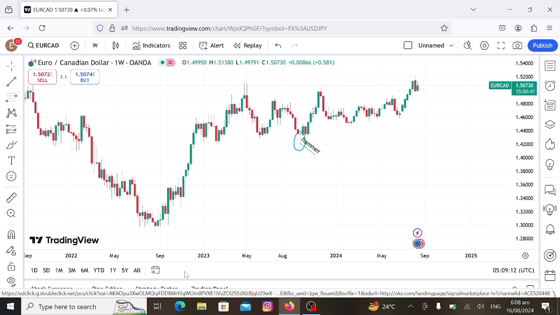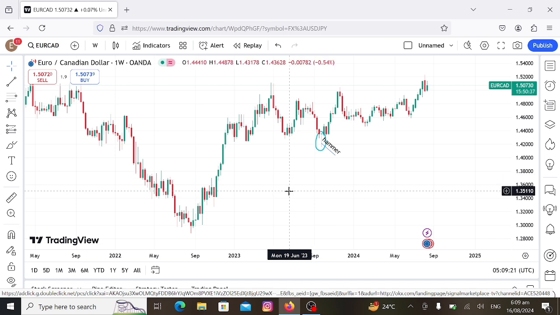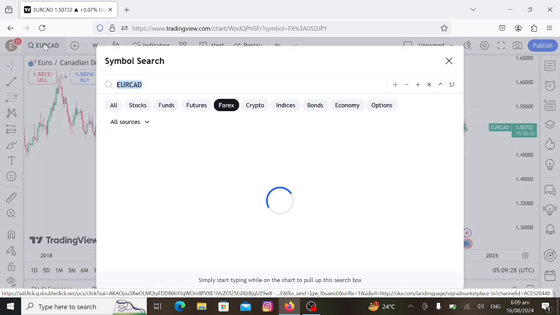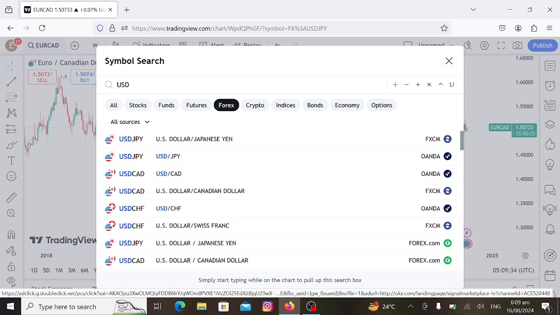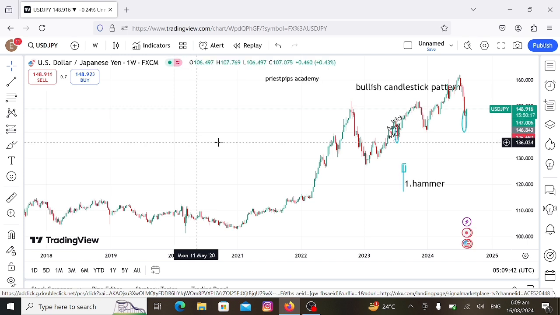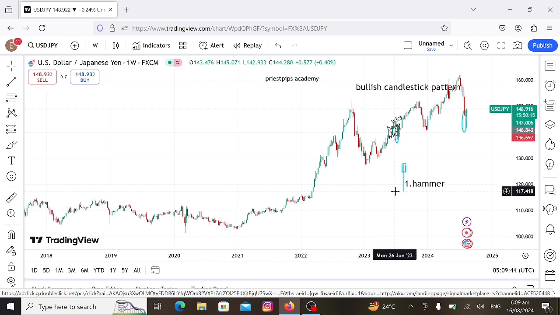So let's move to the other candlestick. We have the inverse hammer. So the number two, let's say number one was hammer, and we have another one.